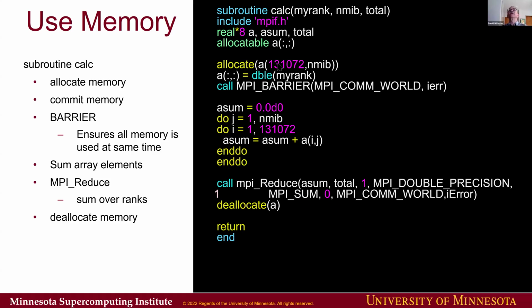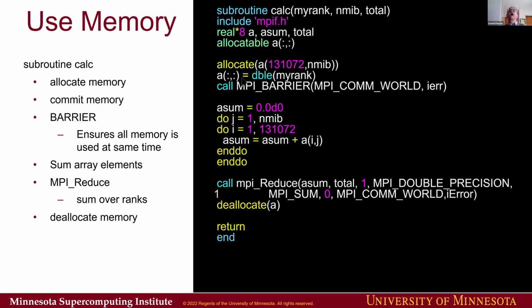And by using 1/8 of a million elements, I guarantee that each row has 1 megabyte worth of data, and then the number of rows gives me the number of megabytes in total that are in this array, and that's how I guarantee that I allocated that much space.